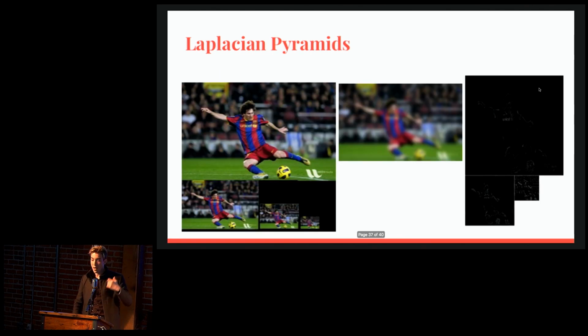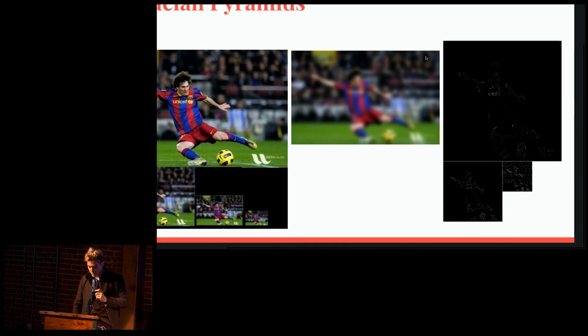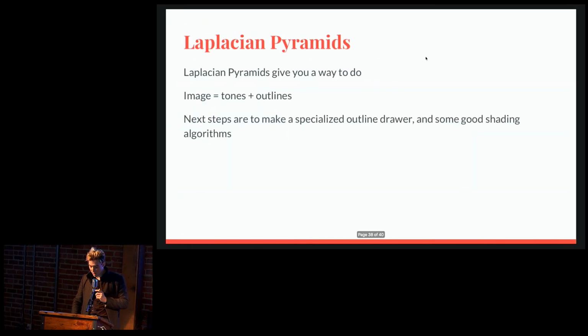You have outlines at different resolutions, so it's hard to tell, but these are thicker lines than these, because they're different levels of resolution. Now that you can separate it into tonal space and outline space, you can make something that specializes in drawing outlines, and something that specializes in drawing shading.